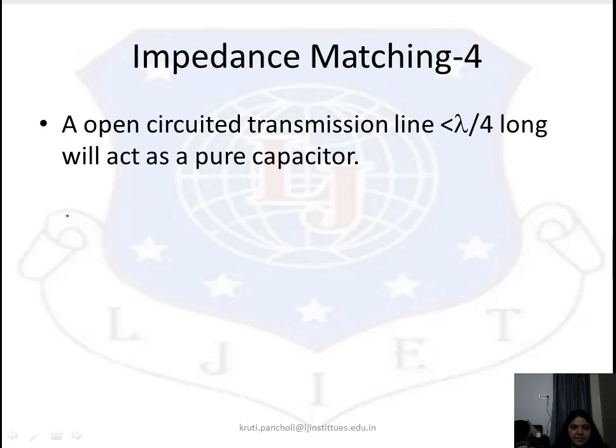So now this is my line. Okay, it is the two parallel conductors, that's a transmission line. It's open circuited.